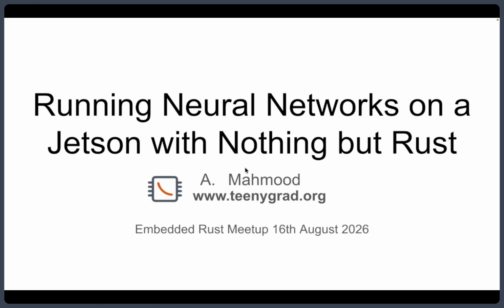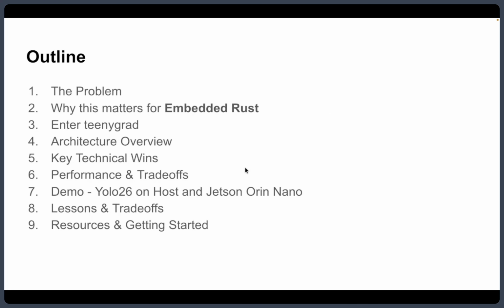So, moving to the screen. The outline of my talk today is, first of all, defining the problem I'm trying to solve, then why this matters for embedded Rust, and then my particular solution to this problem, which is this thing called Tinygrad. Then I'll give you an overview of the architecture of Tinygrad, the key technical wins you get with this approach, its performance today, and the trade-offs you have to make by going down this route.